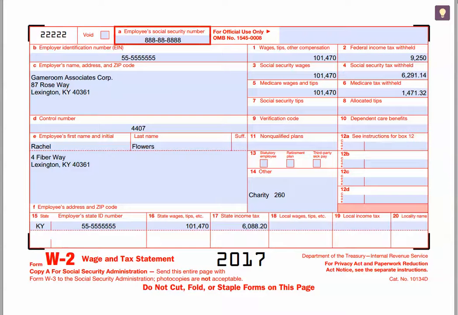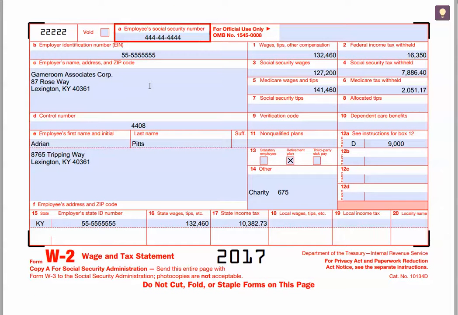Let's look at the next employee. That's going to be Adrienne Pitts, and we have that person's information. Gross earnings are $132,460. So line 1 is $132,460, but Social Security wages is going to end at 127.2. Remember that. And Medicare wages are $141,460 for line 5.